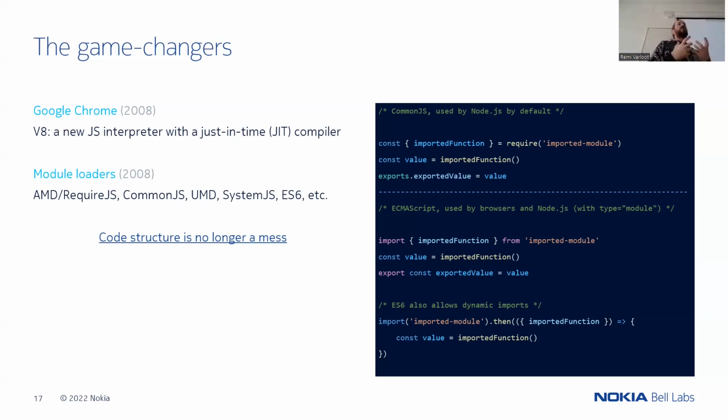There are 2 that are really important today. The first one is CommonJS, which is used by Node.js, so server-side JavaScript, which uses the require keyword to import and the exports keyword to export. But that is being slowly replaced by ECMAScript, which is now the standard for the JavaScript language, which had its own import system with the import from keywords and the export keyword.